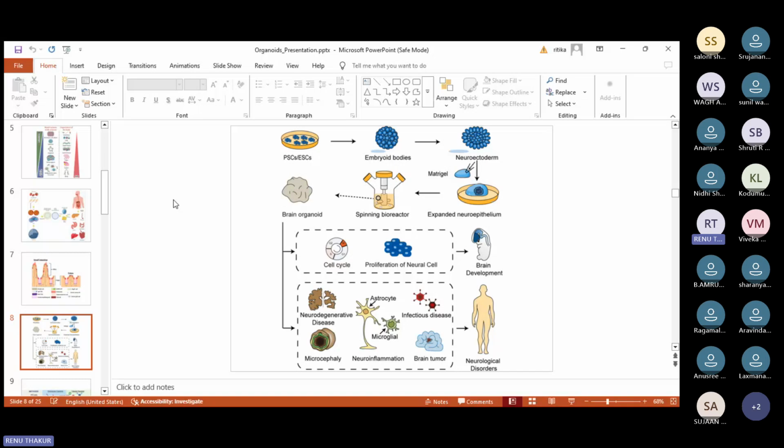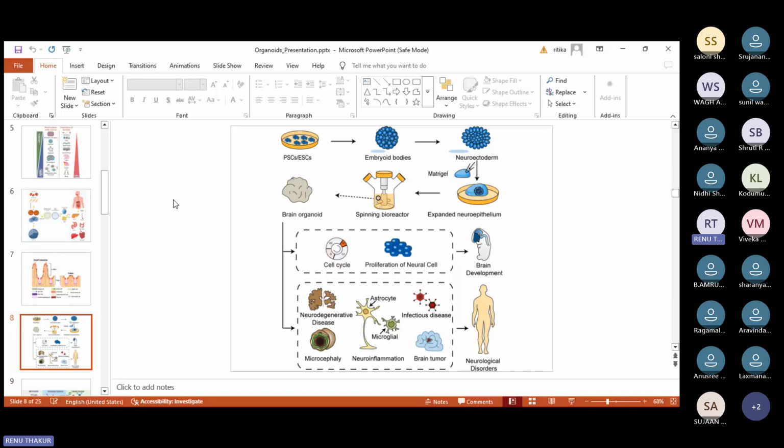So these are the 3D structures of brain cerebral organoids. They can be derived from human pluripotent stem cells, such as embryonic stem cells or induced pluripotent stem cells. These organoids self-assemble to form an organized architecture composed of various cell types, including progenitor cells and neurons, and mimic aspects of brain development and structure.